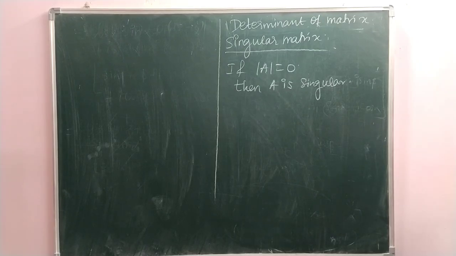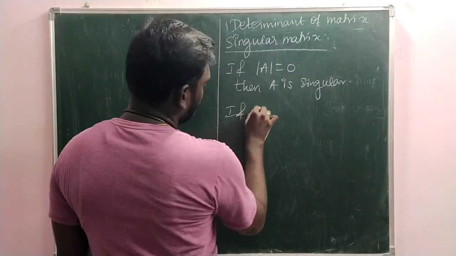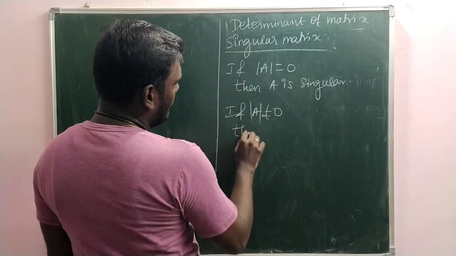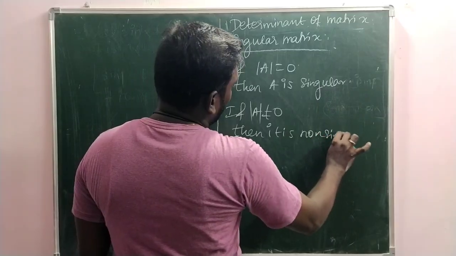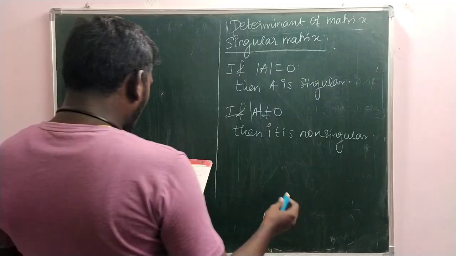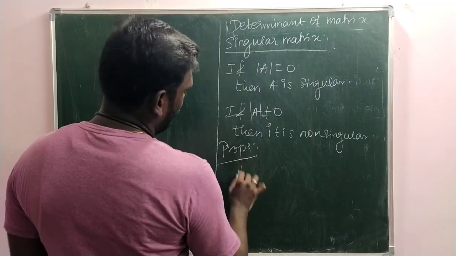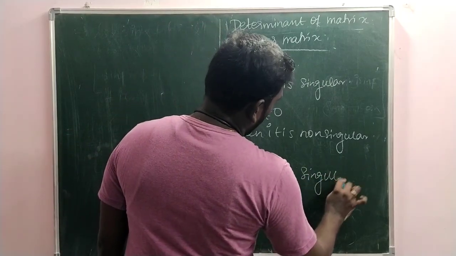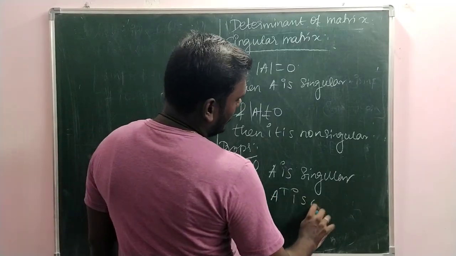Suppose this determinant is not equal to 0, then it is non-singular, that's all. Also, if A is singular, then A transpose is also singular.